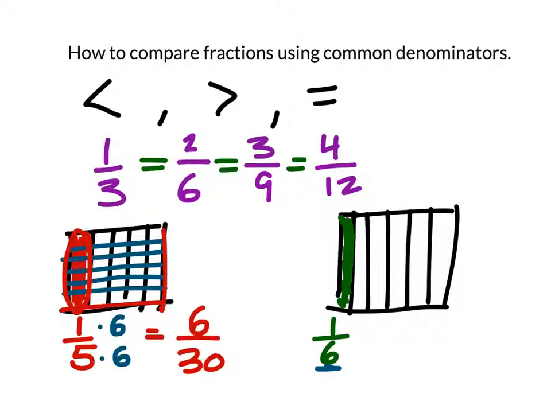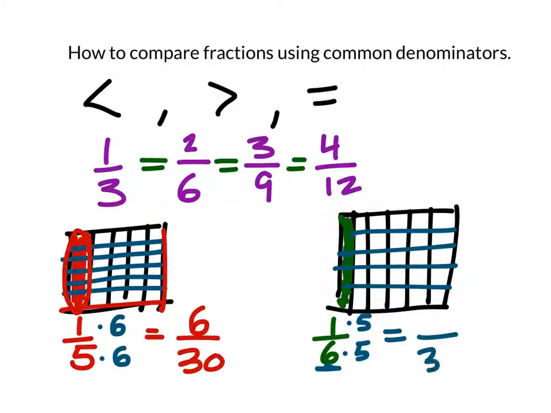We're going to do the same thing with the other shape, but it's already in sixths. What I'm going to do is split it into fifths horizontally this way. So now, if you were to count, you would see that there are 30 squares or slices, pieces, whatever. The green, though, shows that there are 5 of those pieces.